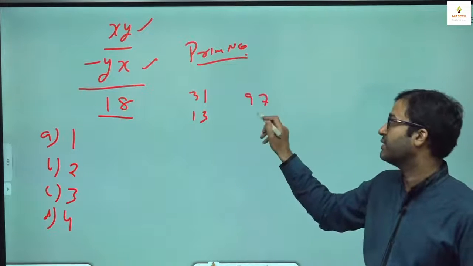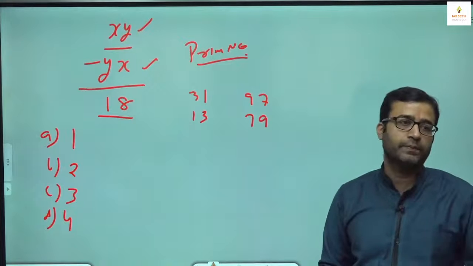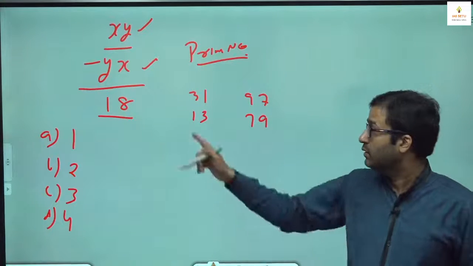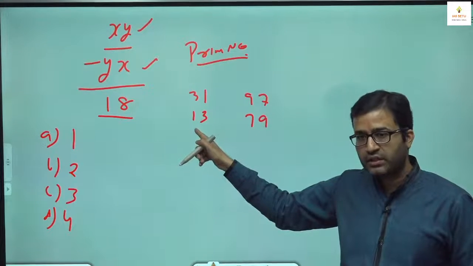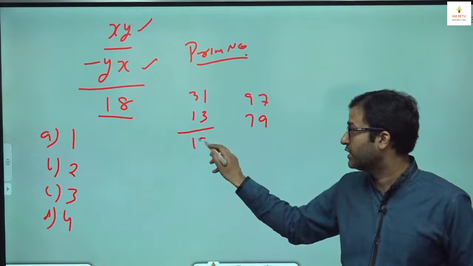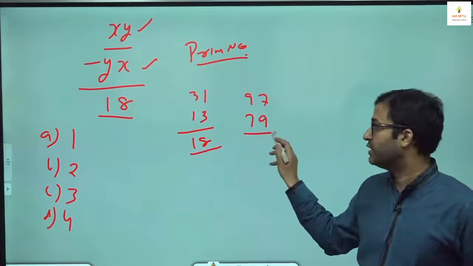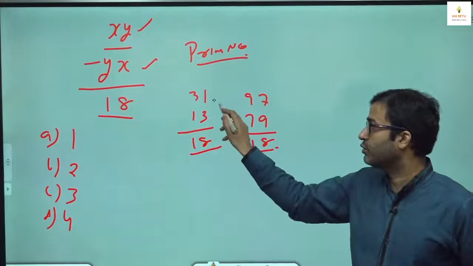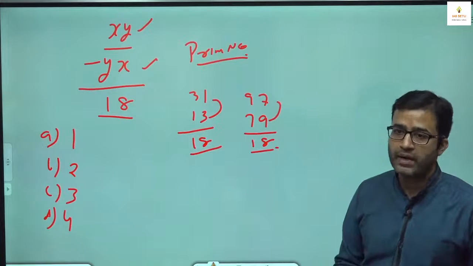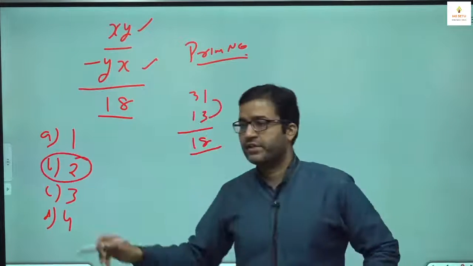Yes, 97 and 79. There are 2 pairs we have. 31 को रिवर्स करोगे 13 आएगा, difference 18 आएगा. 97 and 79, here also difference 18. These are also prime numbers, so there are 2 pairs we have.